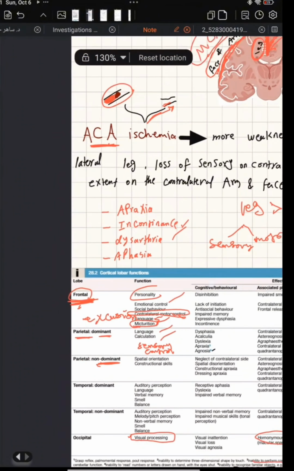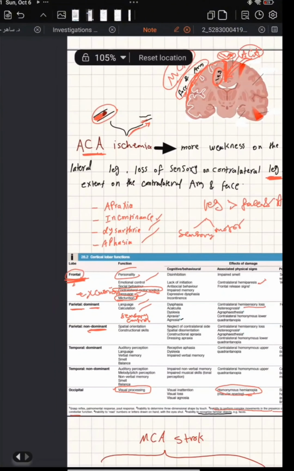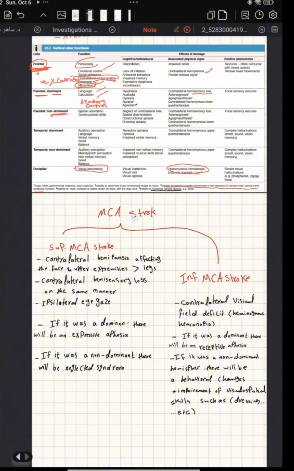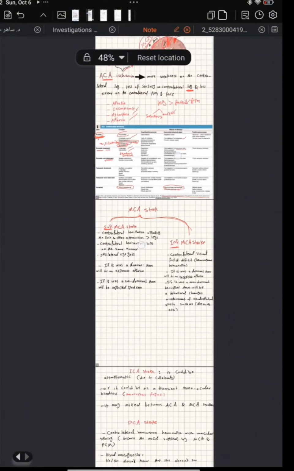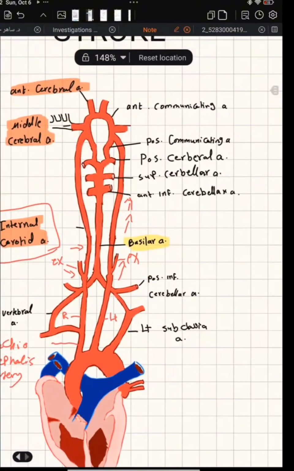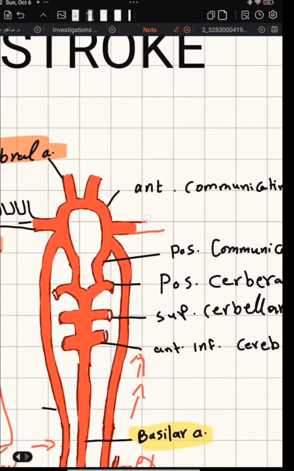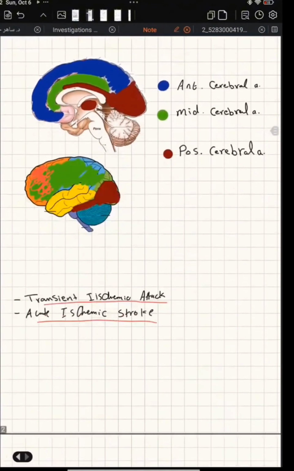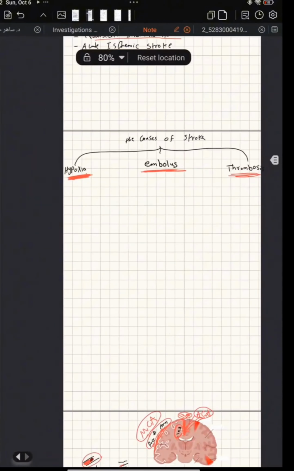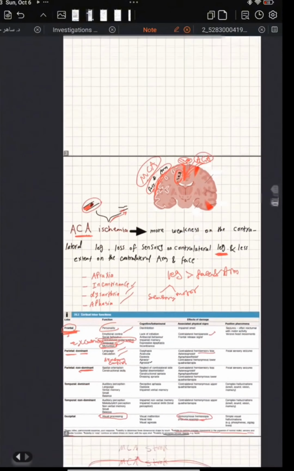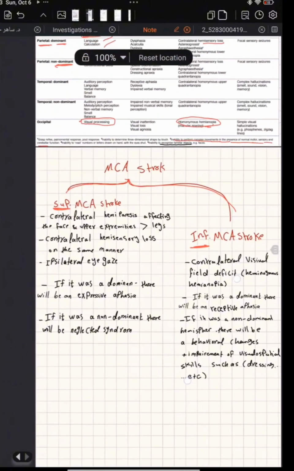Dysarthria and aphasia. The middle cerebral artery has two divisions: the superior and inferior middle cerebral artery branches, and they have totally different symptoms.